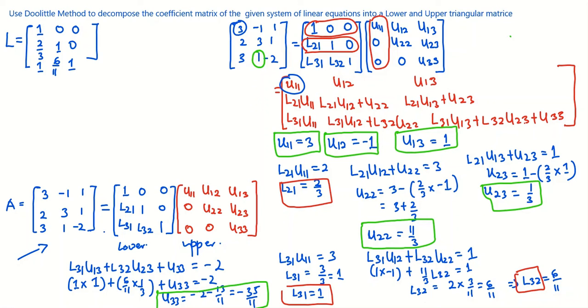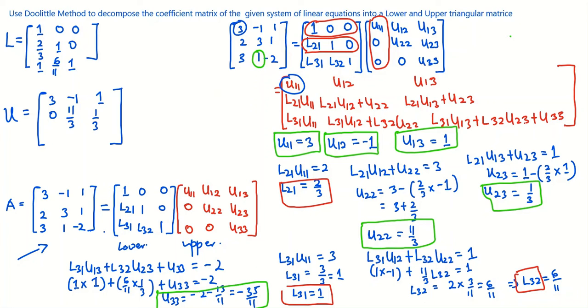So let's look at the upper triangular matrix also. For that one, we have U11, which is 3, U12, which is minus 1, and U13, which is 1. Then we have 0 here, U22, which is 11 on 3, and U23, which is 1 on 3.